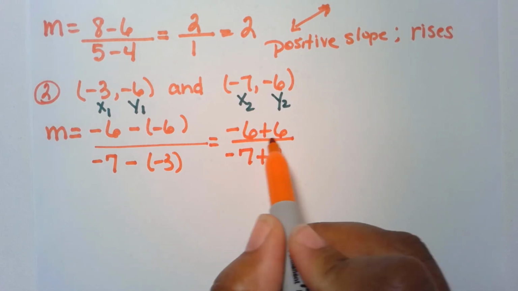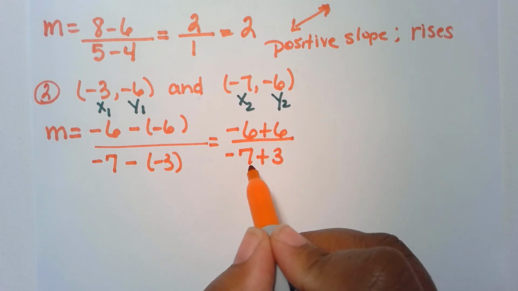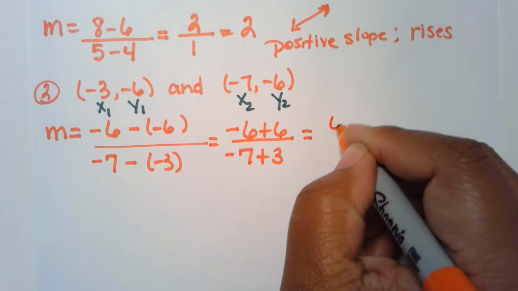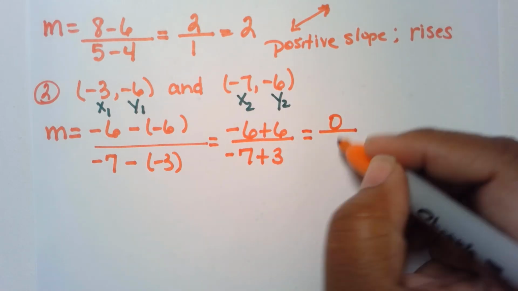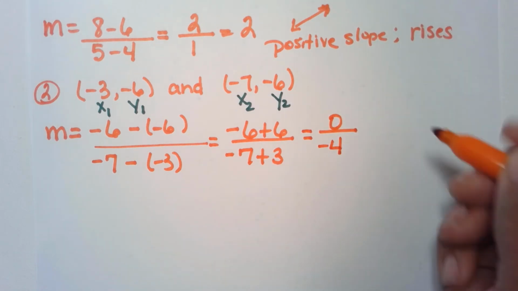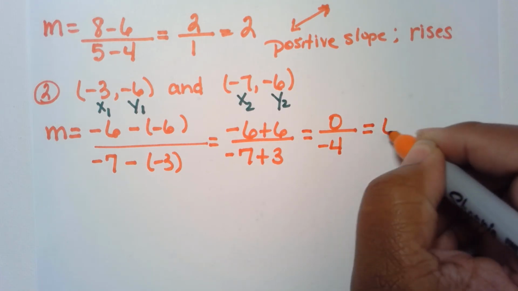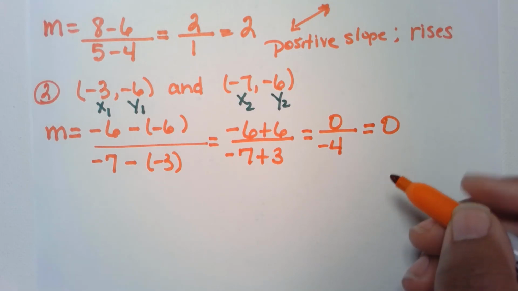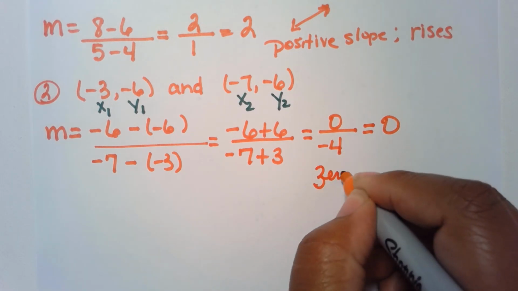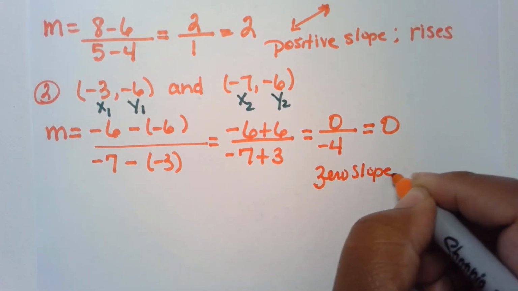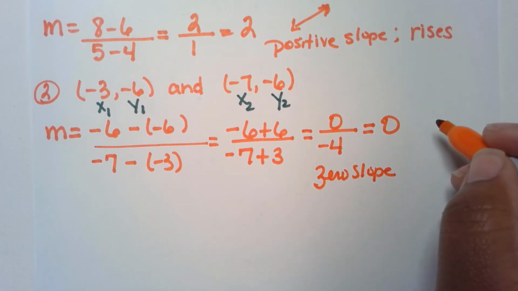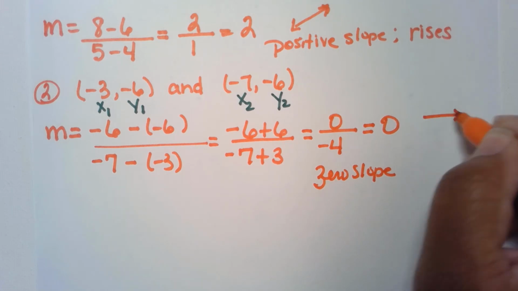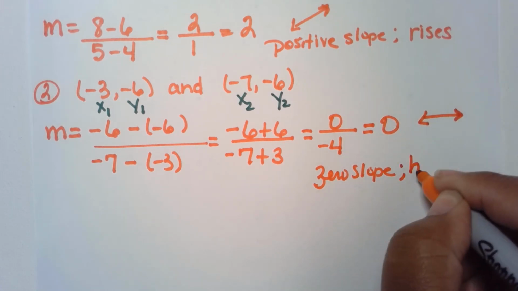So we have -6 plus 6, and then over -7 plus 3. -6 plus 6 is 0, -7 plus 3 is -4, and 0 divided by -4 is 0. So we have a zero slope, and we know that all horizontal lines have a zero slope.